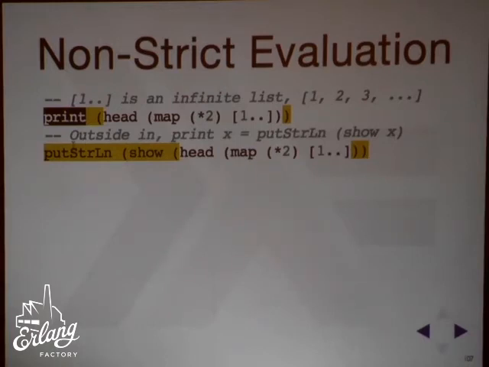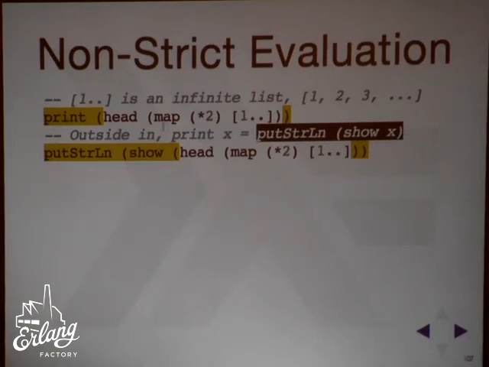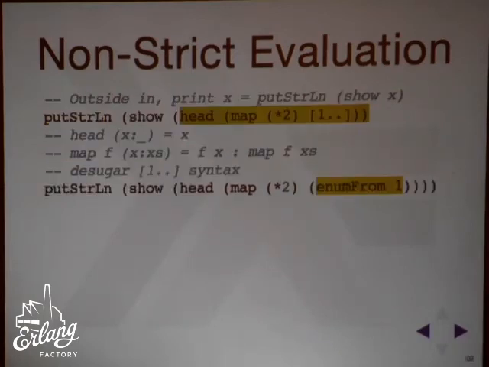And print is just putStrLn of show of the input. Okay, so I replace that with show. And then show needs to evaluate its argument. So I have to evaluate the head, and then head needs to evaluate its argument, the map. And the map needs to evaluate its list argument.